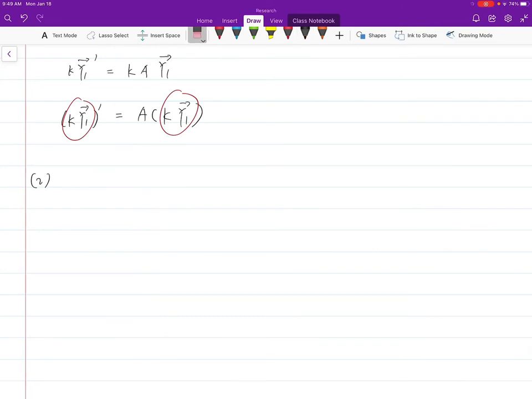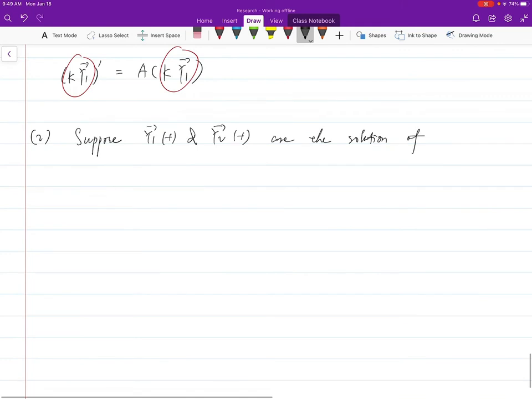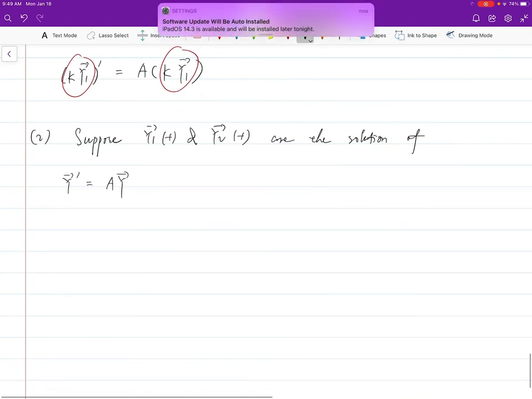Suppose we have two solutions of the linear system.